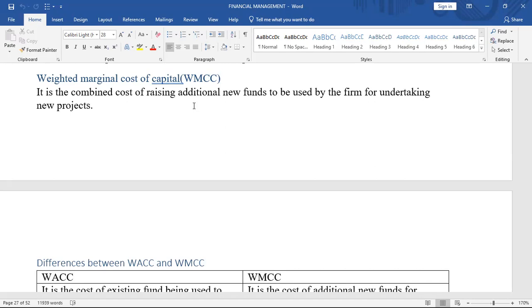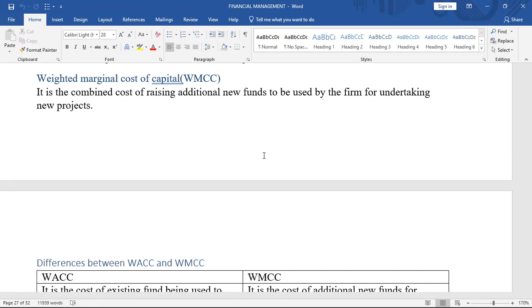Today, we just want to look at what if the organization is in a position to do different projects, new projects? Where are they going to be getting funds? That is the analysis which we want to do today.